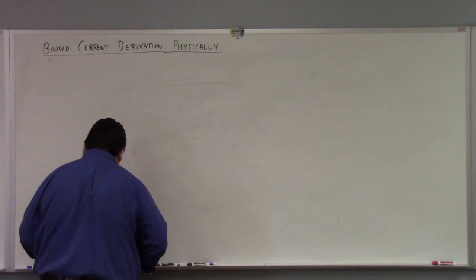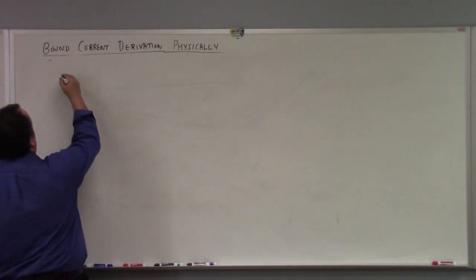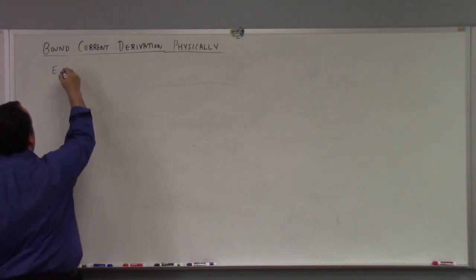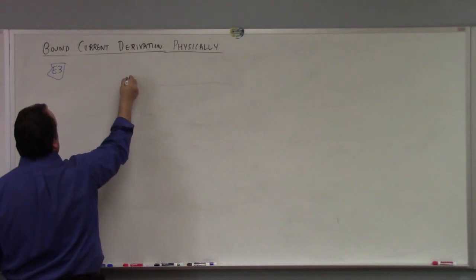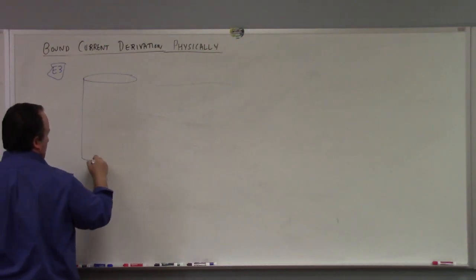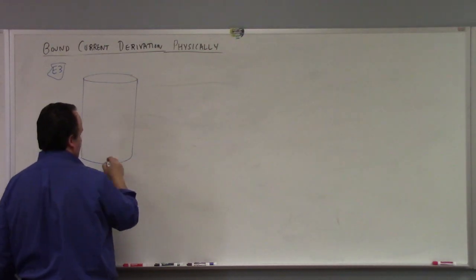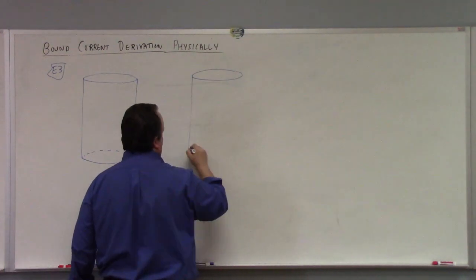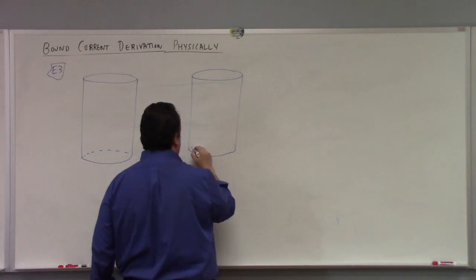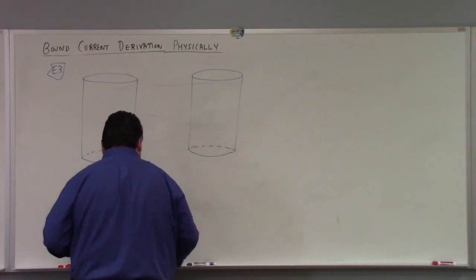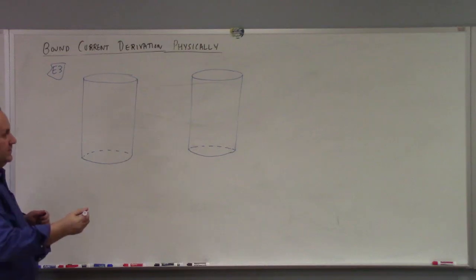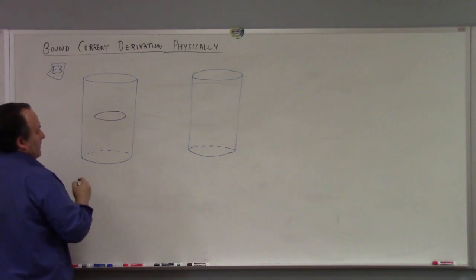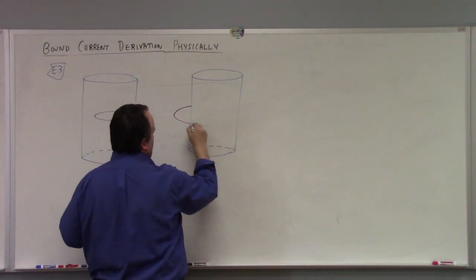So my cylinder, what is this example? 3. So I'll draw two pictures. First picture, second picture, and I'm going to draw an Amperian loop, and this one inside. And over here, I'm going to draw the Amperian loop outside.